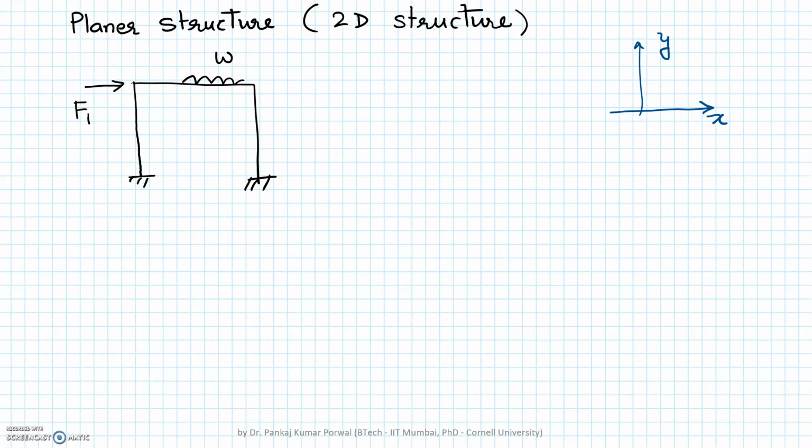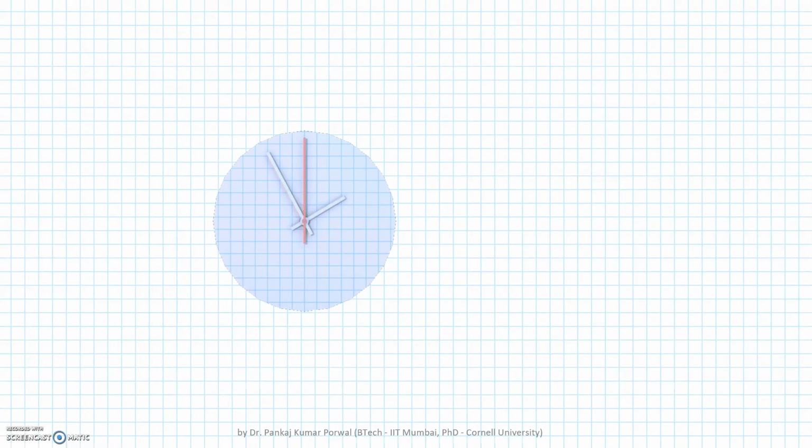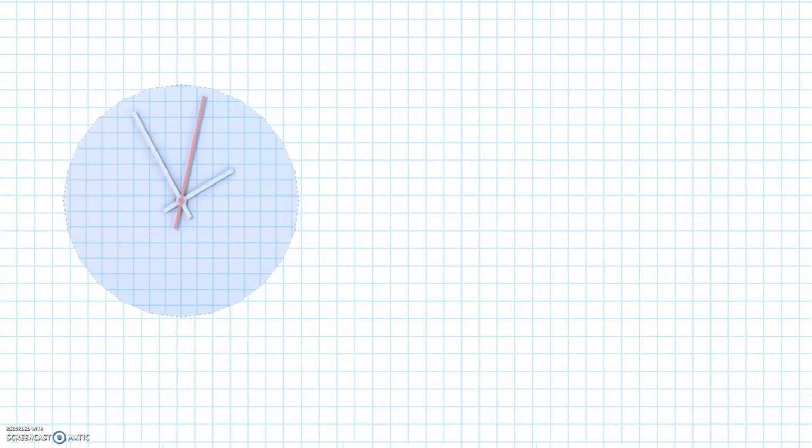Now in this structure, if we look at joint A, and before we look at the displacement and rotation vectors, let's first understand one thing, and that is the relationship between the rotation and rotation vector.